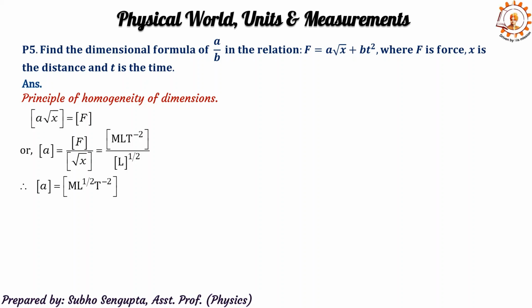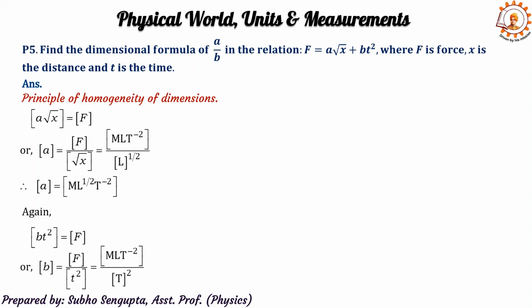Similarly, the dimensional formula of b t square is also equal to that of force. So, the dimensional formula of small b is equal to the dimensional formula of force divided by the dimensional formula of t square.